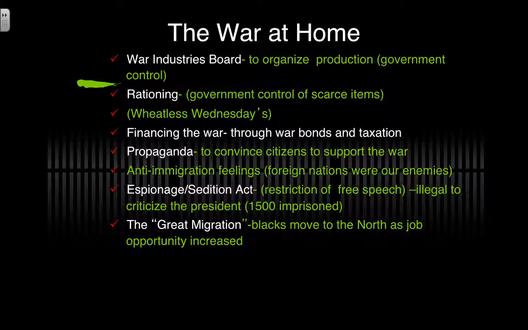In addition, there was a lot of economic changes that took place. One of the major social changes and economic changes took place because of many war-related jobs coming available in northern cities.